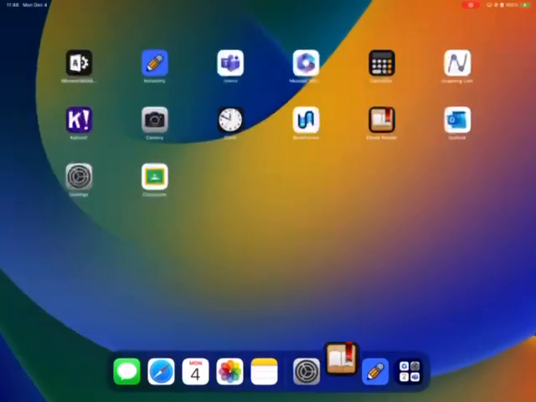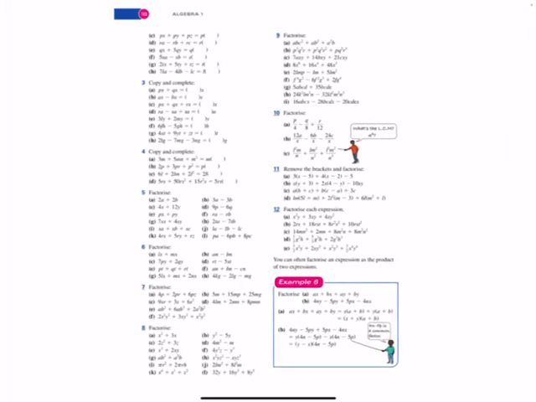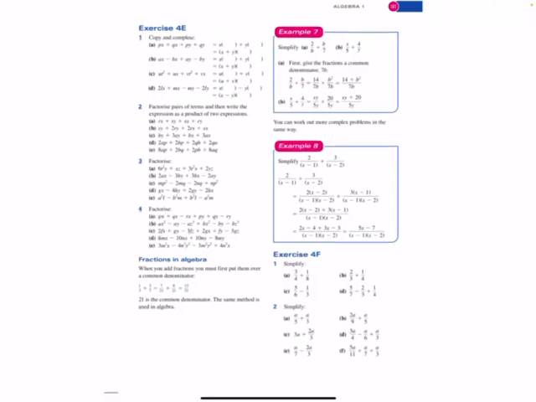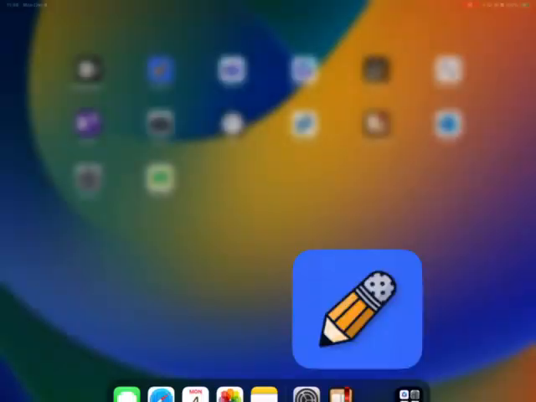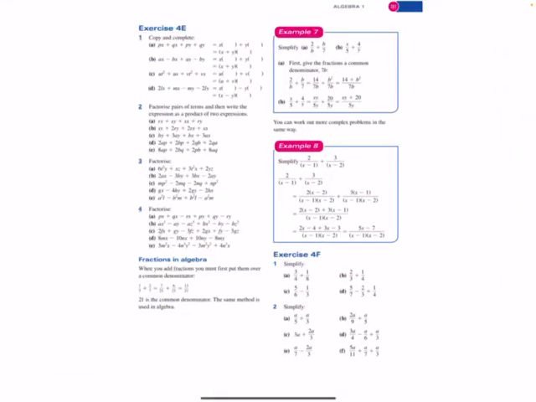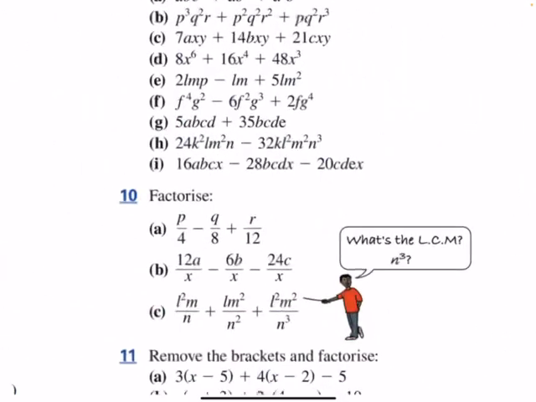24K squared LM N, minus 32K L squared M squared N to the power of 3.